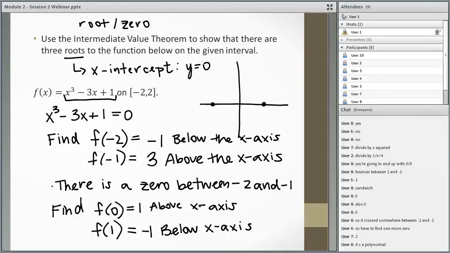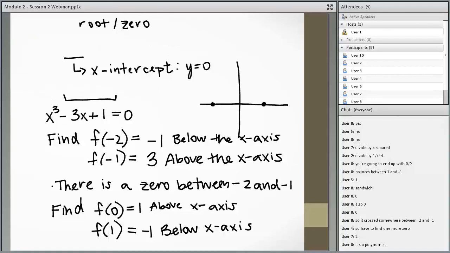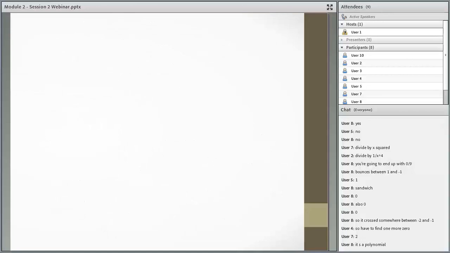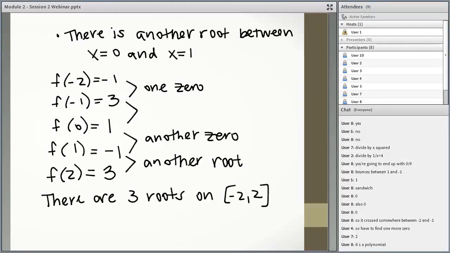And we could have had a rational function as well. It's just that the interval would not be able to include where the discontinuities are. But we could still use a rational function. And I believe that is it for Module 2.